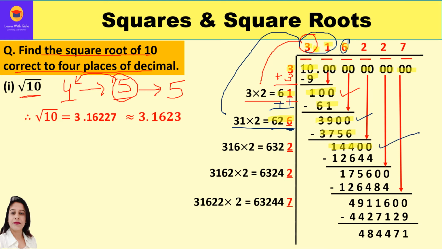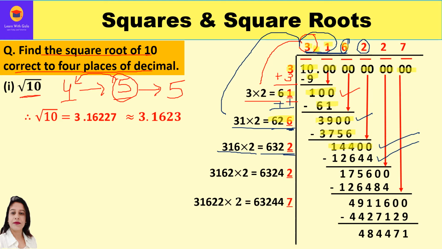Now for that we need a divisor. So now new quotient we have is 316. We will take 316 and double it. We will get 632. Keep a blank on the side. And now think of a number what should come in this blank. Same number we have to multiply so that the product which we get is less than or equal to 14,400.